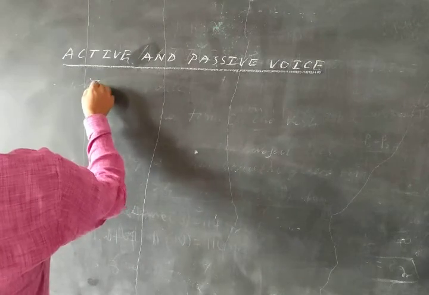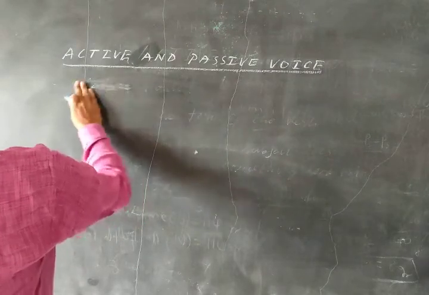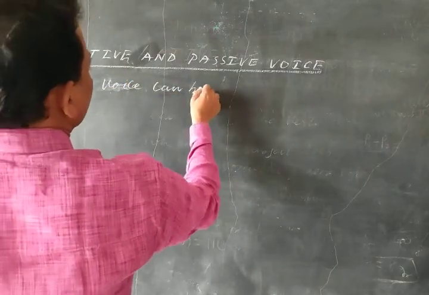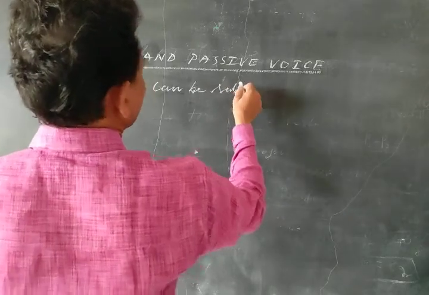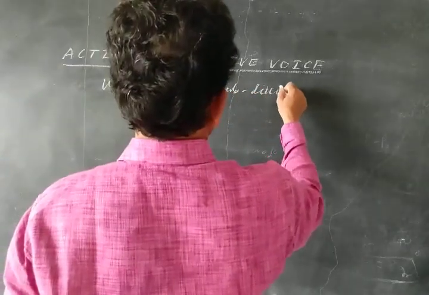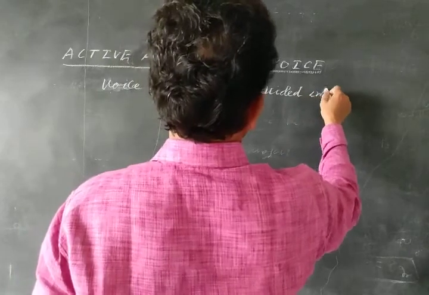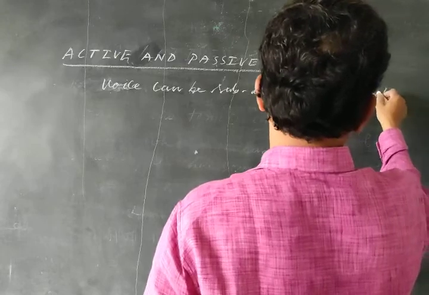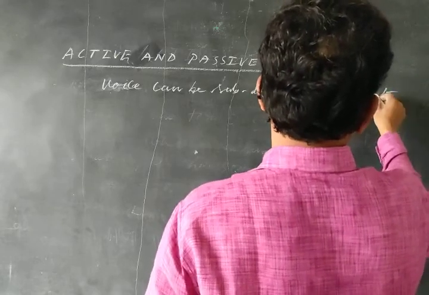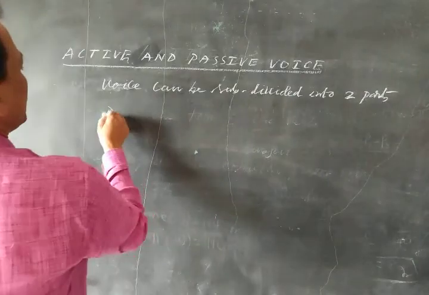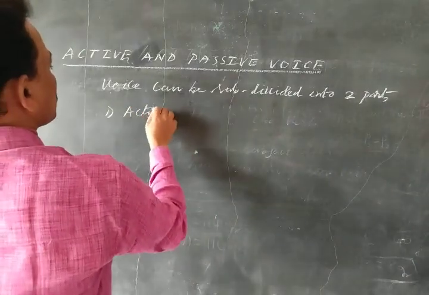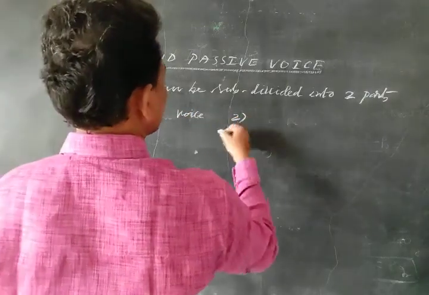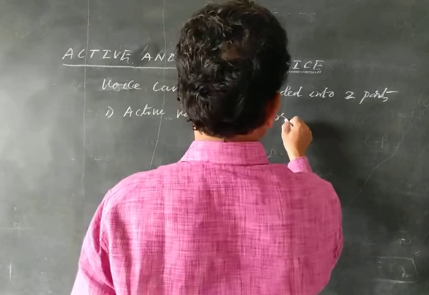Voice can be subdivided into two parts. They are: one, active voice; second, passive voice.